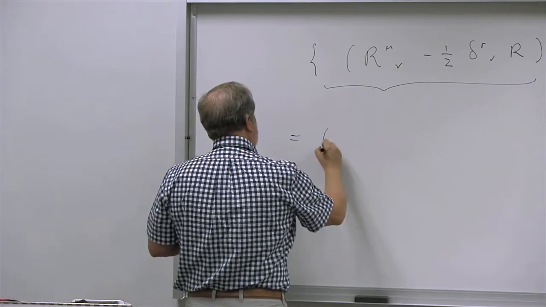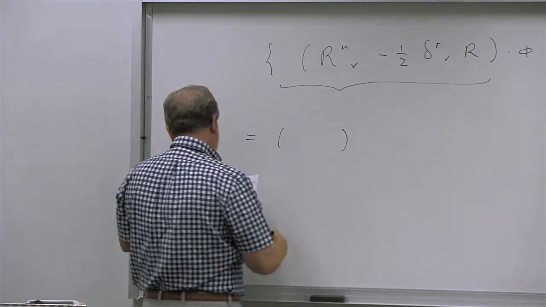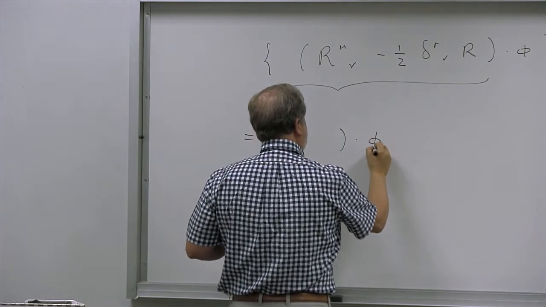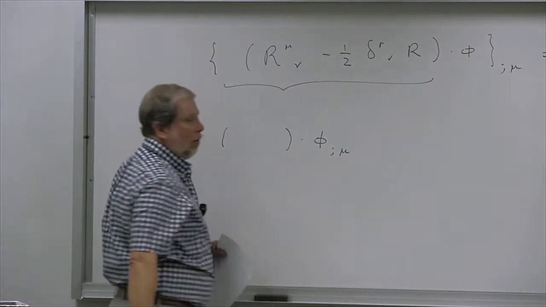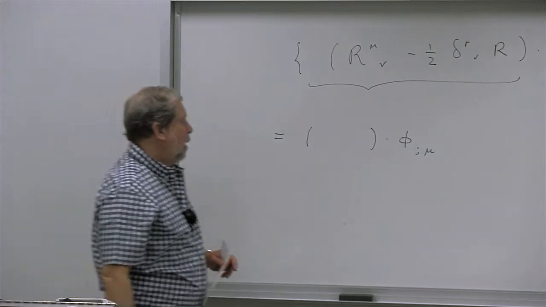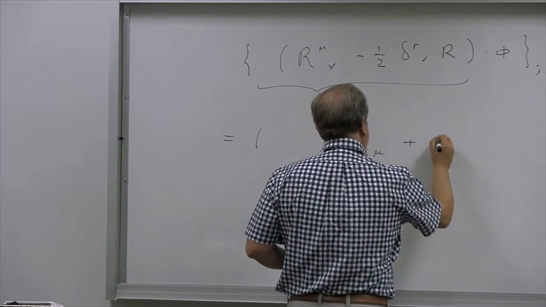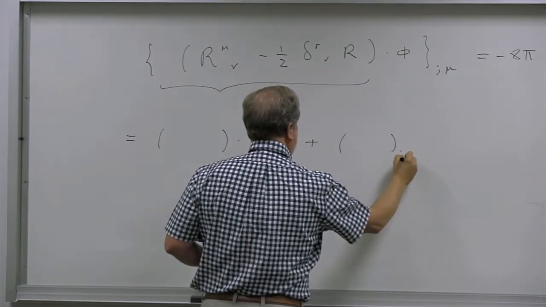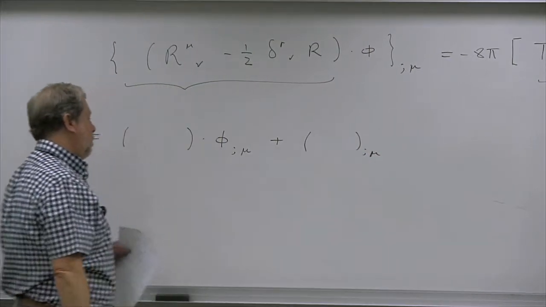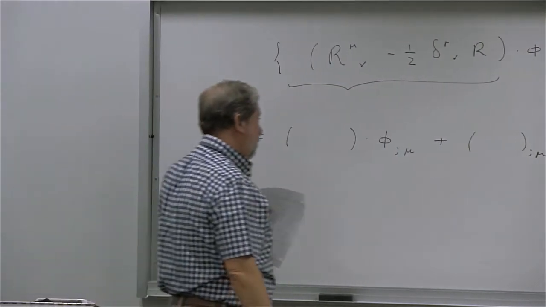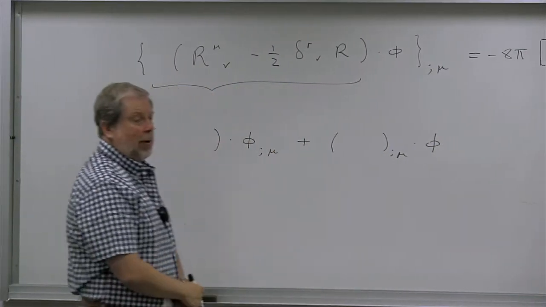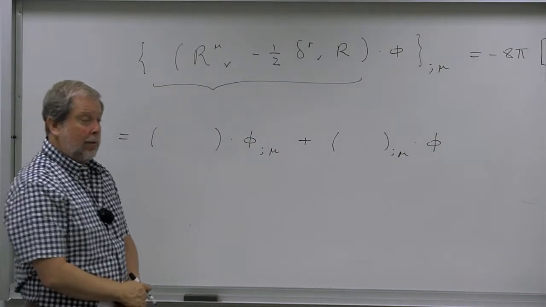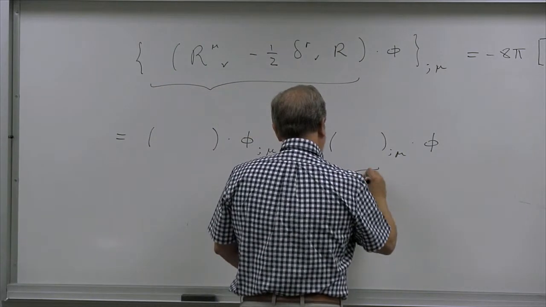So this is going to be the expression in parentheses times the derivative of the phi. So the derivative of the phi, we're going to just write that as semicolon times mu, right? And then we are going to get also the semicolon derivative of the quantity that is in parentheses, right, times the phi. So the derivative of a product. But we do know because of the Bianchi identity this is 0.